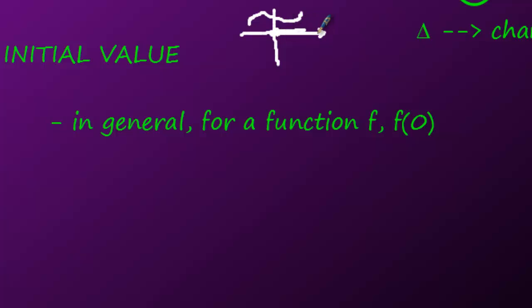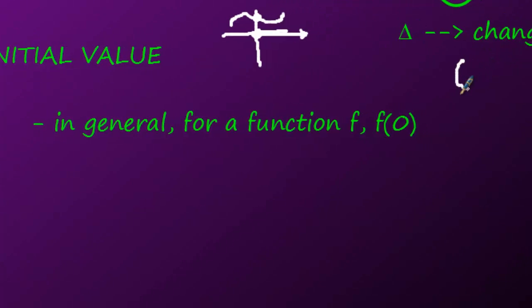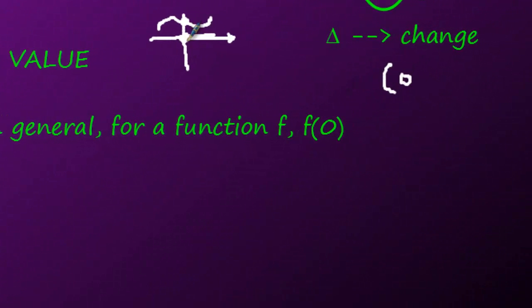So when no time has gone by, what's the x-coordinate here? 0. So what is this y-coordinate? F of 0. So at the initial point 0, where you're starting in most applications, the y value that you get when you substitute in 0, that's actually the initial value or the y-intercept.